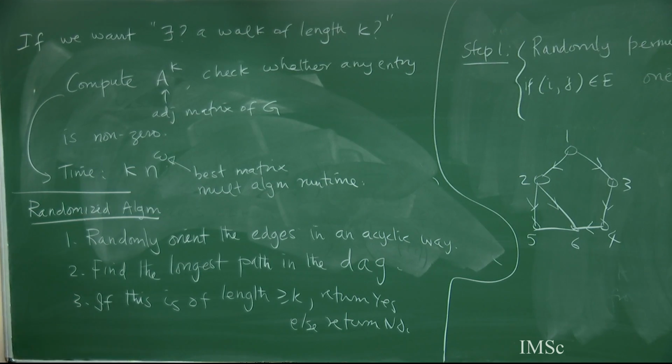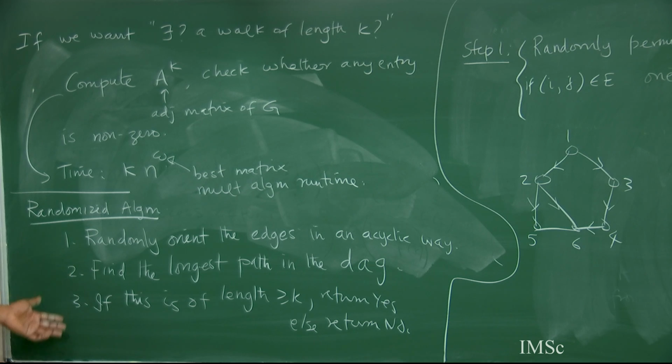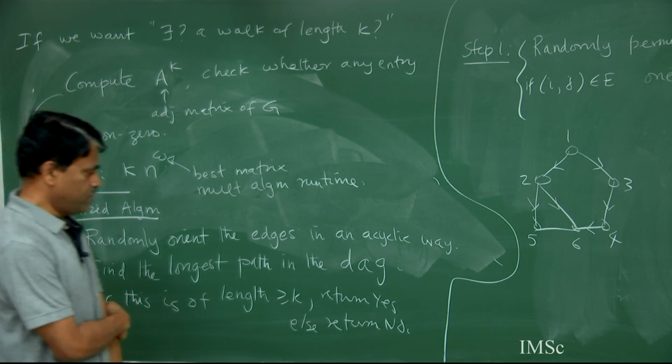This is a randomized algorithm to find a path of length at least k if it exists. What is the success probability? Okay.